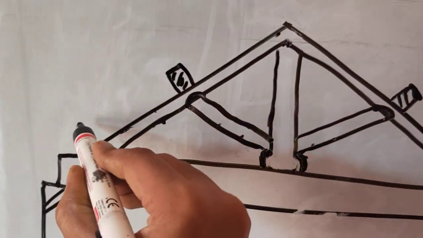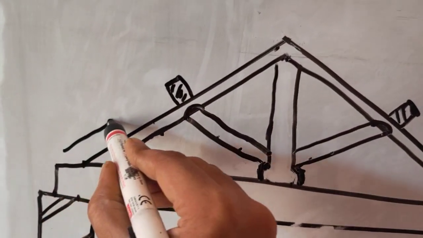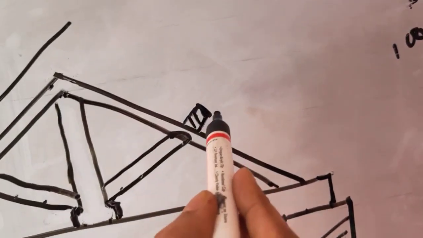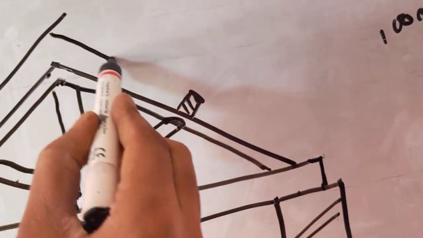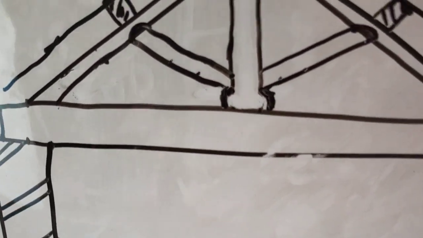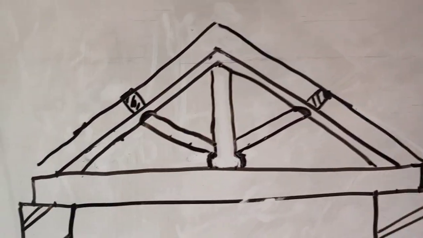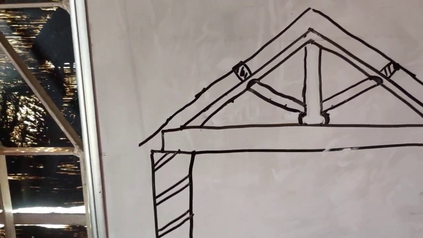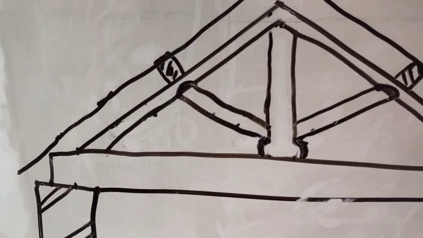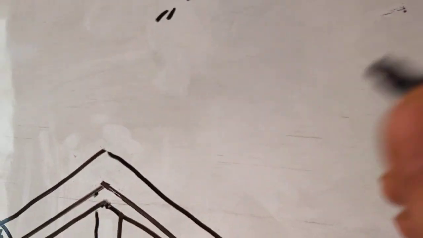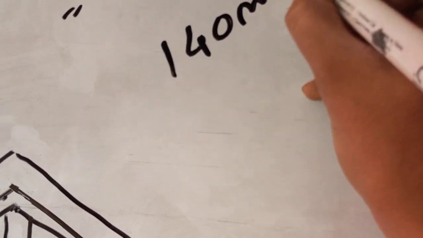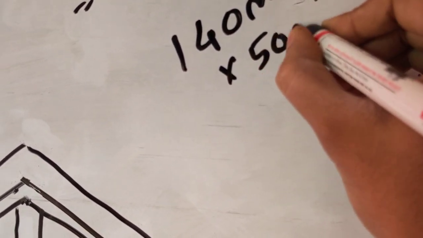For the common rafter, you draw one line like this, touching the head of the purlin, like this. And on this side also, touching the head of the purlin, you draw one line like this. Okay. So after drawing these two lines, you provide the thickness of the common rafter, and the size of the common rafter is given as I think 140 millimeter by 50 millimeter.